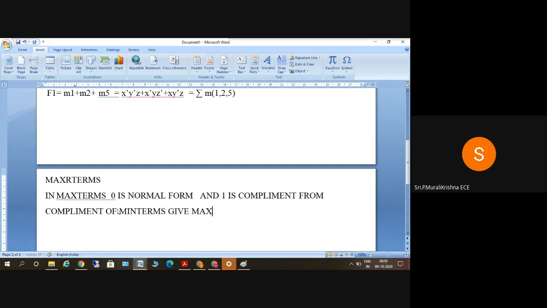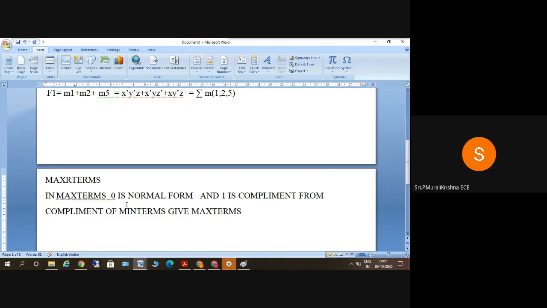Maxterms. So generally, we can obtain this with the help of duality. With duality, change plus to dot and dot to plus, and 1 to 0 and 0 to 1, and afterwards complement each and every literal.